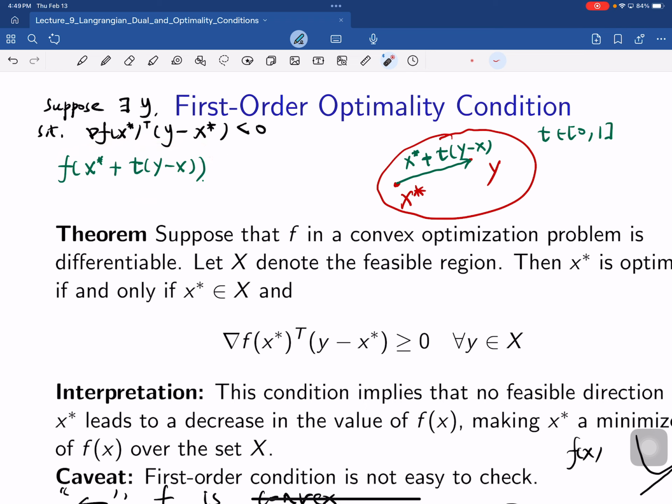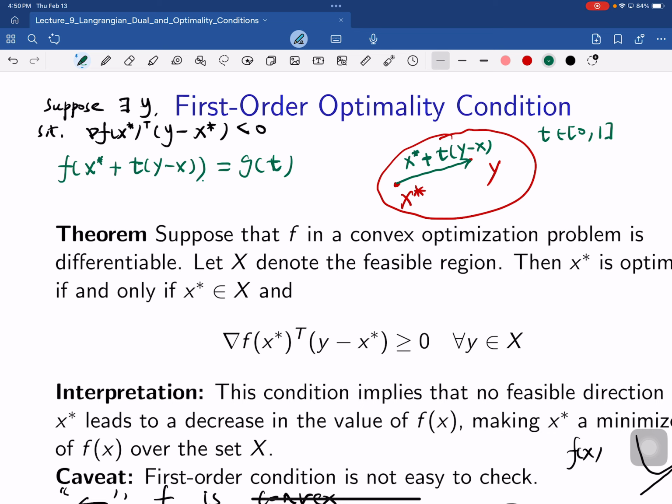Now let's think about what the derivative with respect to t is when t is 0. Let's denote this function as a function of t, because we already picked x star and y, so they can be thought of as constants. We are just moving t from 0 to 1, so let's treat that as a function of t.